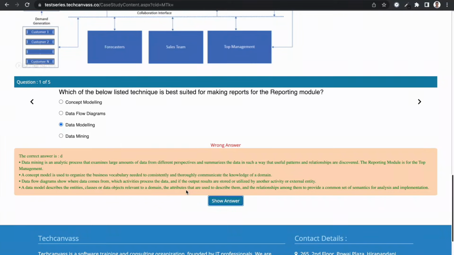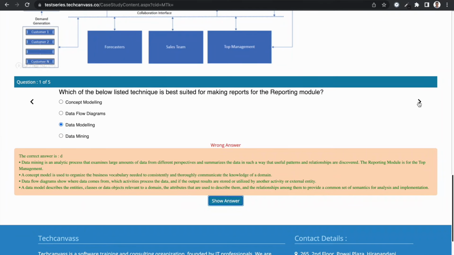A data flow diagram is used for understanding how the data is being processed and what the output of the data is. And data modeling is related to the ER diagram and the class diagram, which explain the relationships among them to provide a common set of semantics for analysis and implementation. So we could answer this question just by knowing the technique itself.